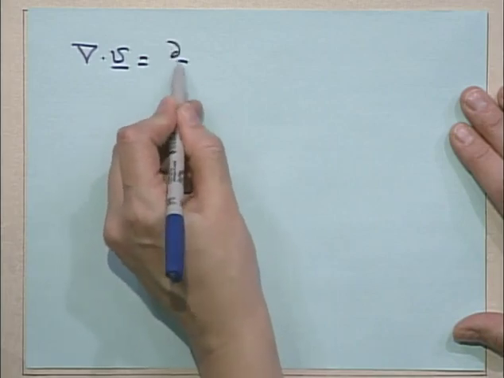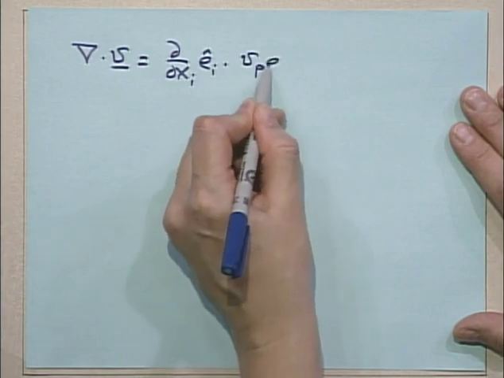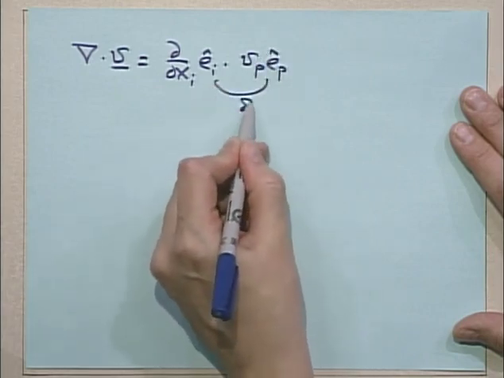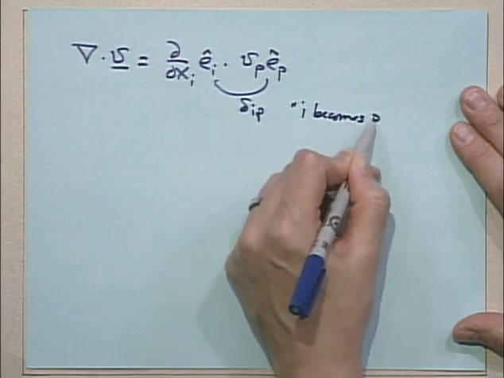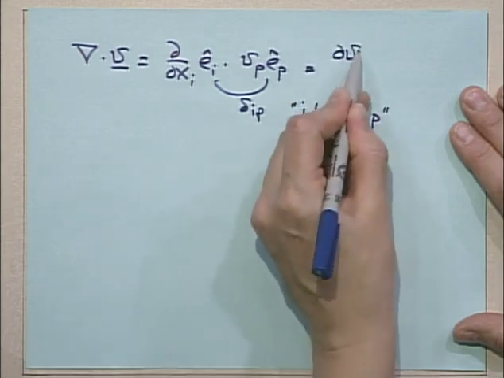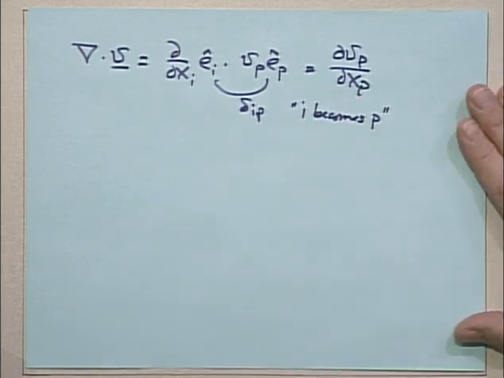Right. So d by dx_i dot v_p e_p, delta_ip, i becomes p, dv_p dx_p. We've seen that before, right? When we did the homework, the problem where we showed that this identity, the left side equals the right side, this was one of the terms that was there.